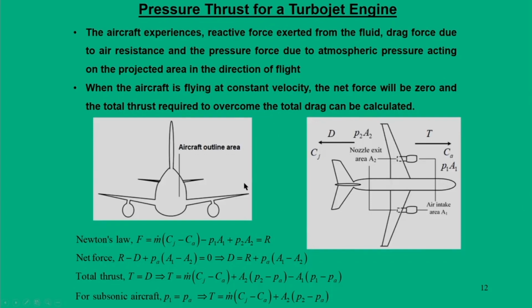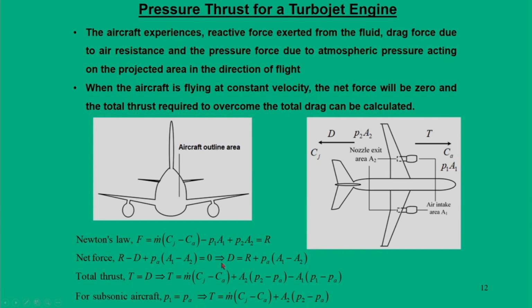So, let us do these calculations. From Newton's law we can say how much force acts on the aircraft, through the jet and from the pressure force, and that is nothing but the reaction force. So, the net force becomes R, the reaction force, minus drag, plus the pressure force with respect to the aircraft outline area.